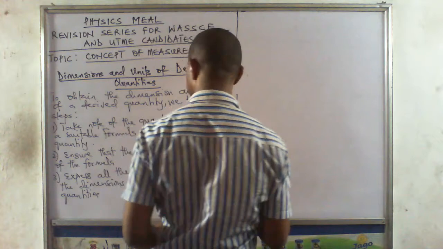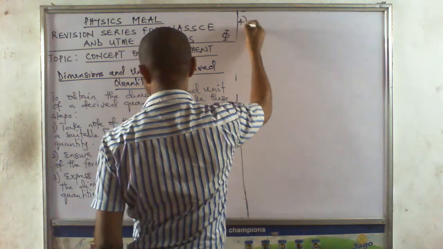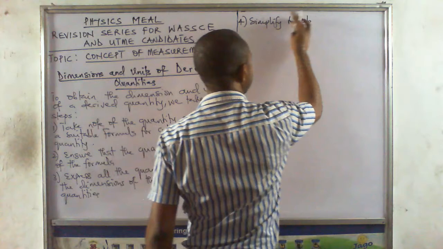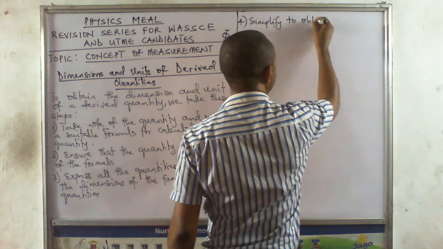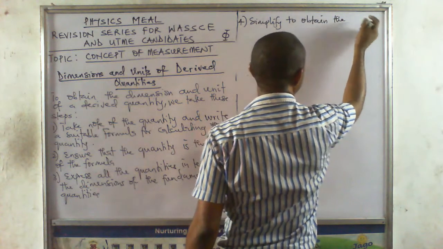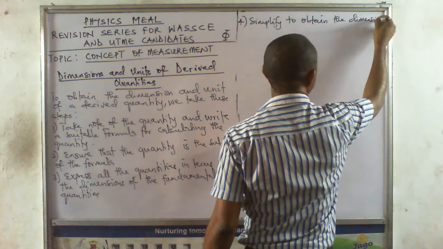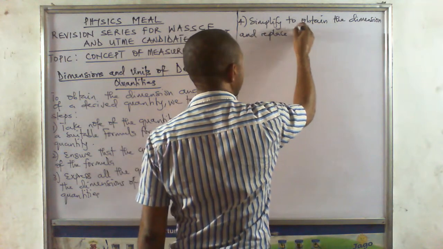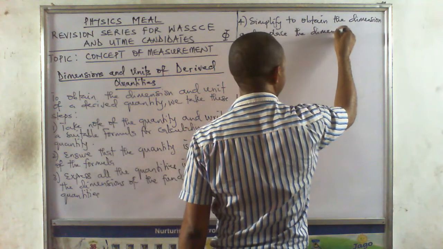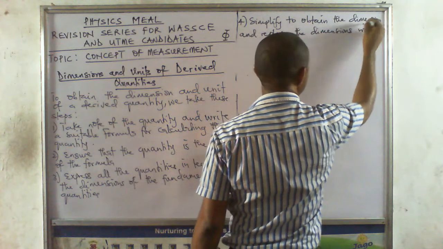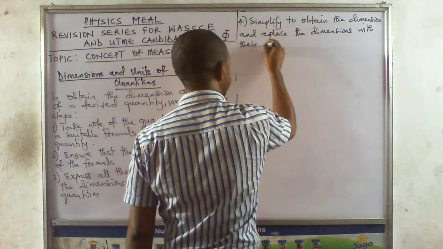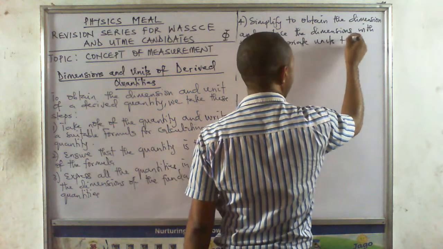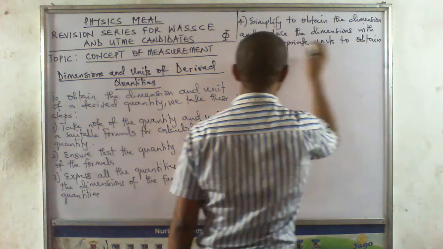What next should we do? Then simplify to obtain the dimension, and replace the dimensions with their appropriate units to obtain the units.